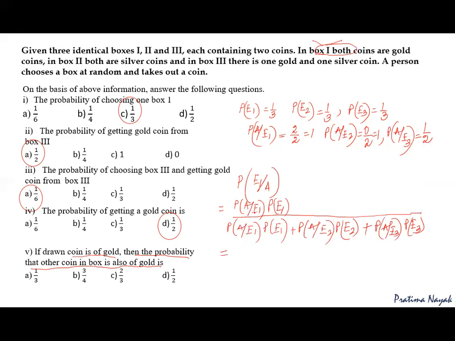So A by E1 will be how much? A by E1 is equal to 1 multiplied by P of E1, which is 1 by 3, upon 1 into 1 by 3 plus 1 by 3 into 0 plus 1 by 3 into 1 by 2. So we had already calculated it, it was 1 by 2. So this will be 1 by 3 upon 1 by 2. That will be 2 by 3. So 2 by 3 is the last part answer.